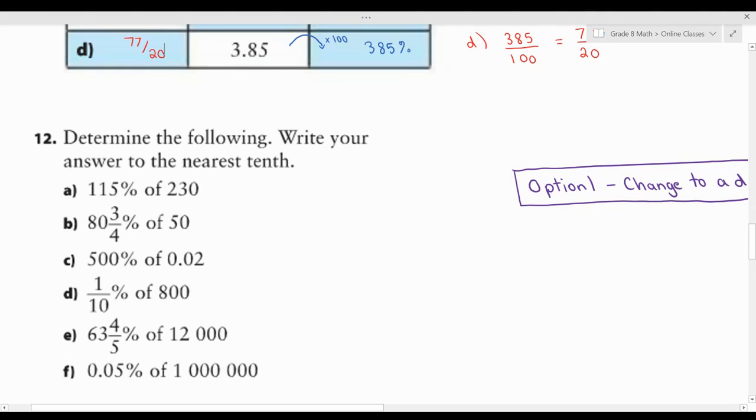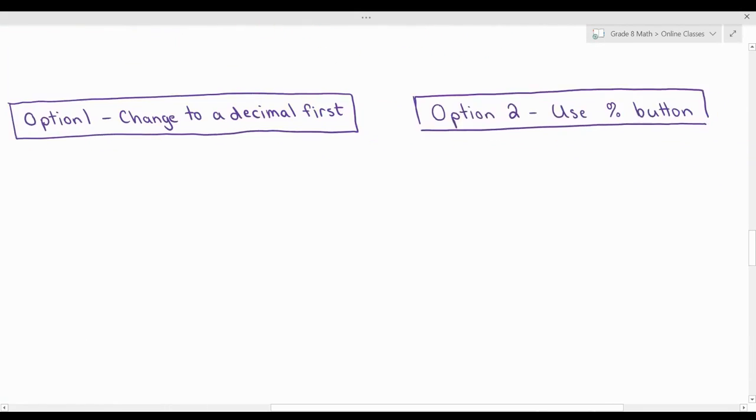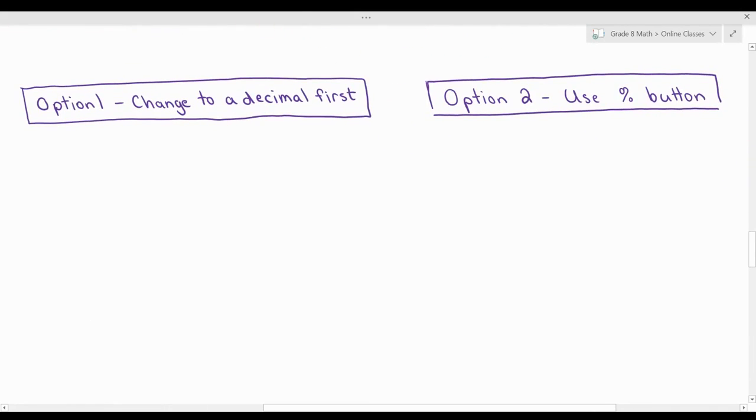All right, so question A, we want 115% of 230. So two different ways you can do this. All right, they're both with a calculator. So for A, you could change to a decimal first. So I could take 115%, okay, divide it by 100. So that's going to give me 1.15.